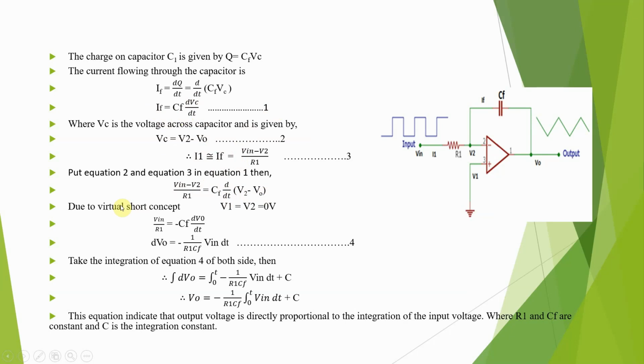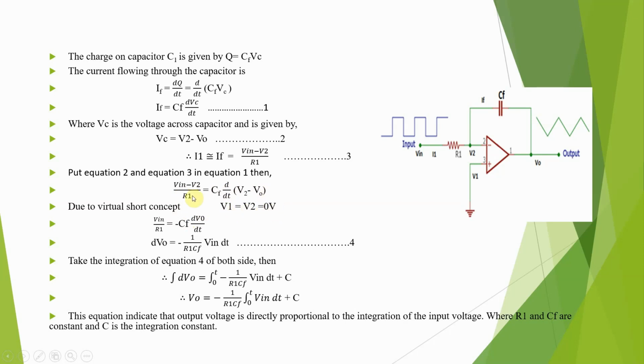Then, due to the virtual short concept, what is the virtual short concept? If one terminal is connected to the ground, then the other terminal is also at ground potential. Therefore, V1 is equal to V2 is equal to 0 volt. Therefore, put the value of V2 in this equation.